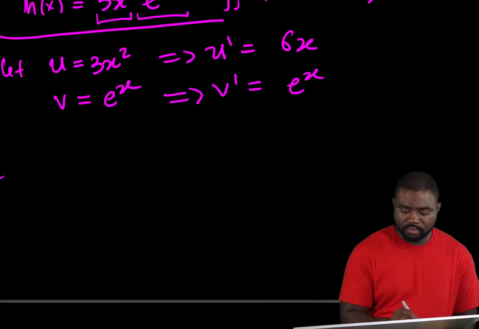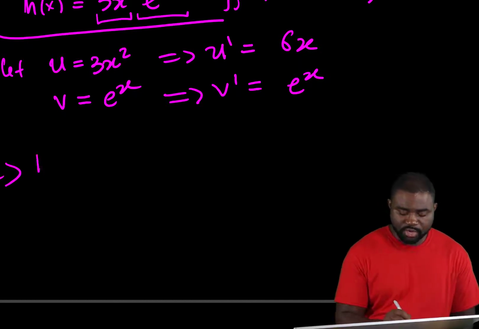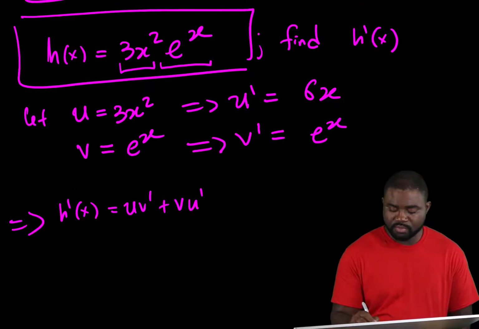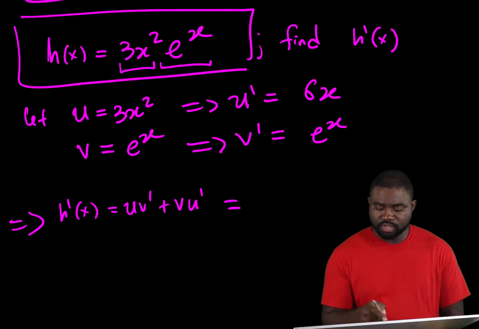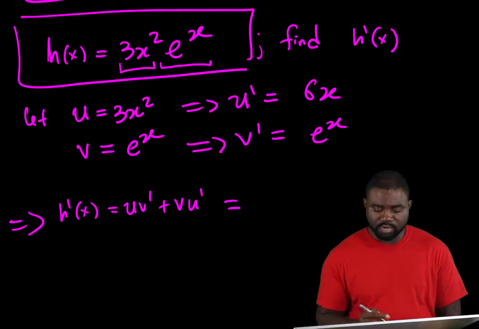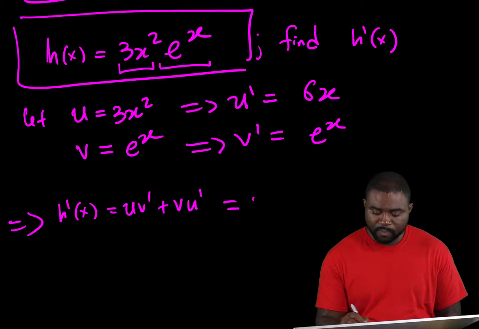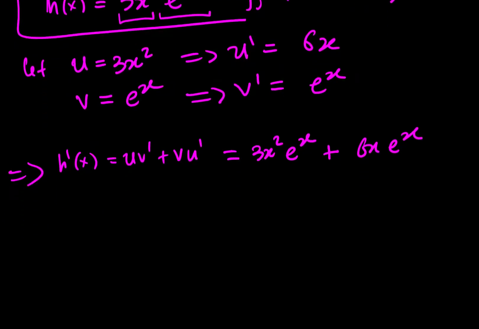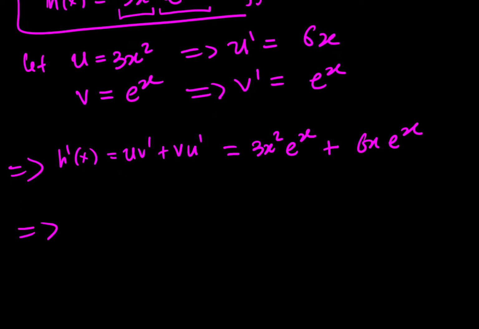Then h prime of x is uv prime plus vu prime. So we're going to have here 3x squared e raised to the power x plus vu prime, which is 6x e raised to the power x. And we can actually simplify that.